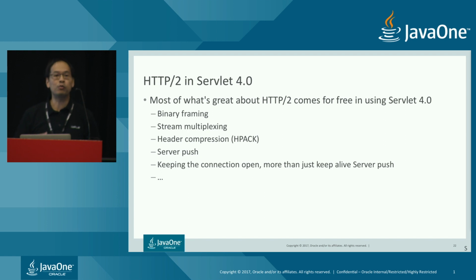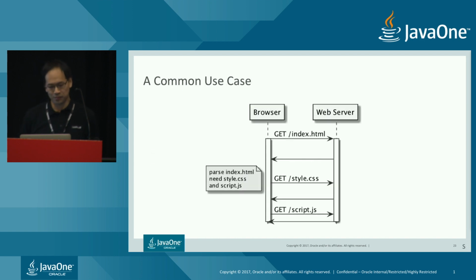Now, before we go to the server push, let's review what happens in a classical case in Servlet. You have a browser. The browser will get an index.html, going to the server and then coming back to the browser. The browser will do several things.